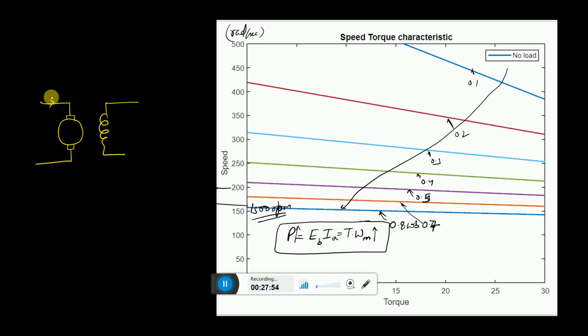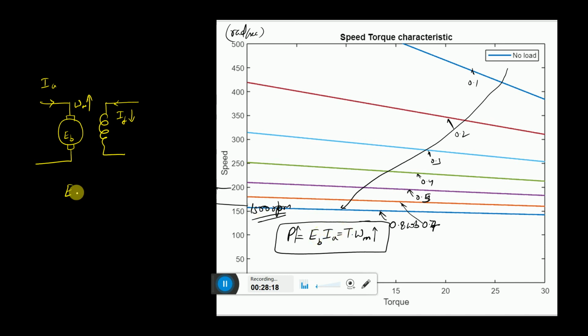Here the armature current is controlled with a supply voltage, with an EB over here, and what you are doing is decreasing the value of the field current and expecting the speed to increase. IA remains the same, so it will lead to some EB value.